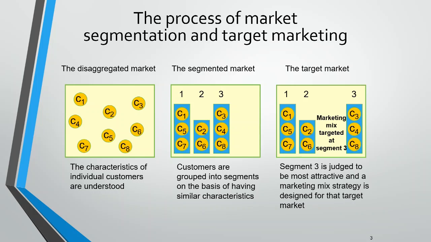We can use the eight factors to help us segment the market by dividing these consumers into different groups. Consumers in the same group have similar characteristics, and different groups stand for different segments of this market. Now the third picture shows us how to target the market. We need to find which market segment is the most attractive one, and then choose it as our target.